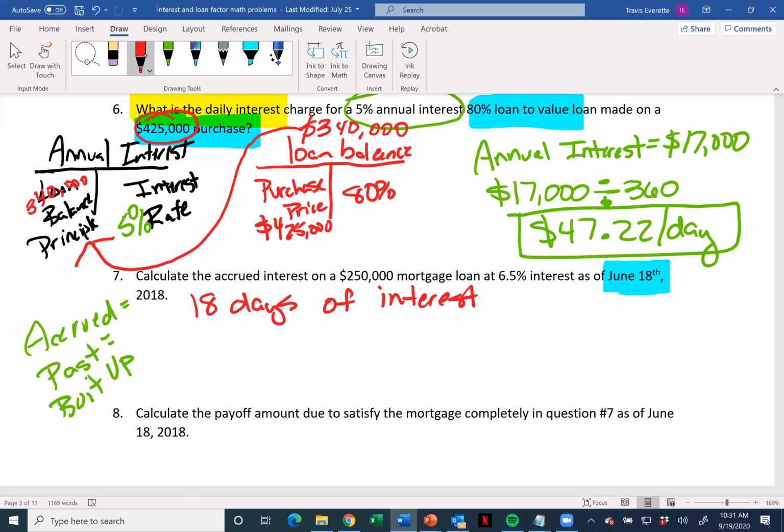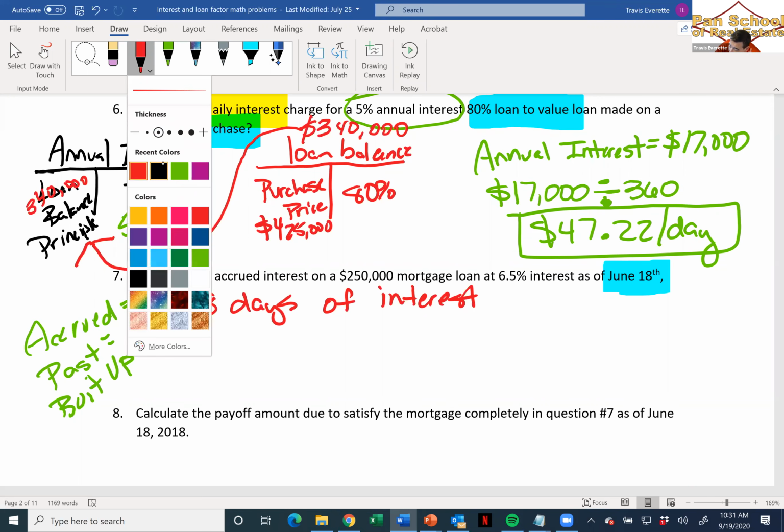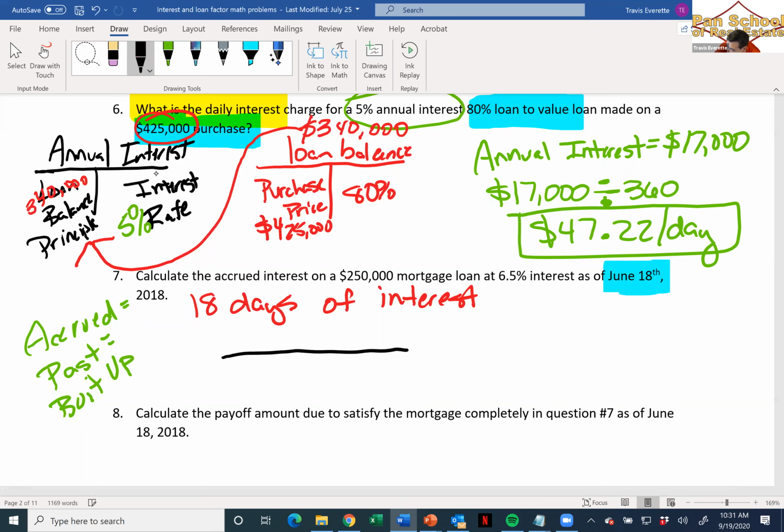So let's figure out our interest. Now remember, I can't start with calculating daily interest. I always have to calculate annual interest. That's the only formula I have. And we know that we need the loan balance or the principal, and we need the interest rate to come up with the annual interest.